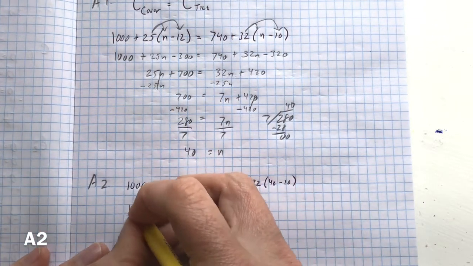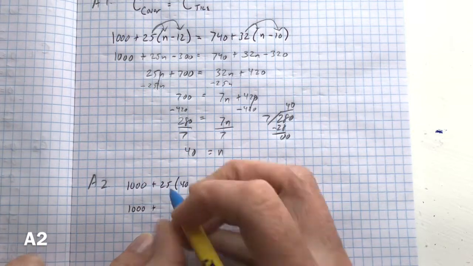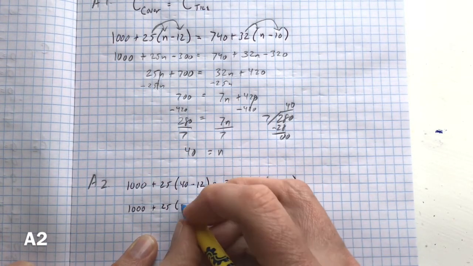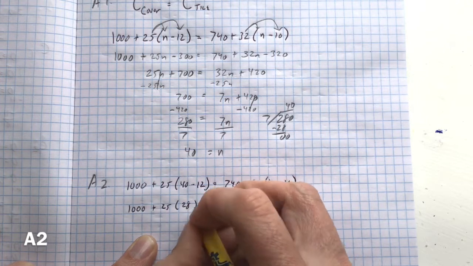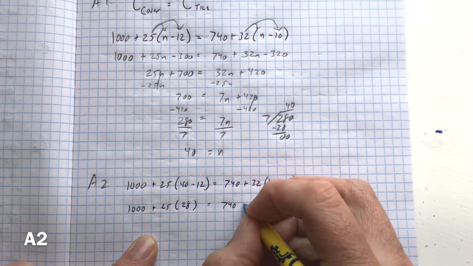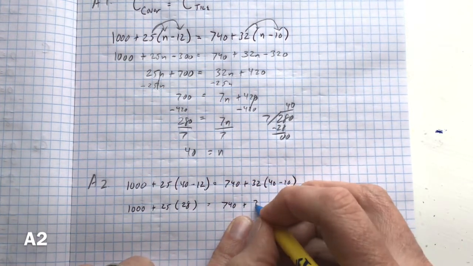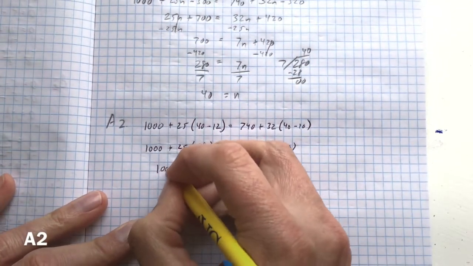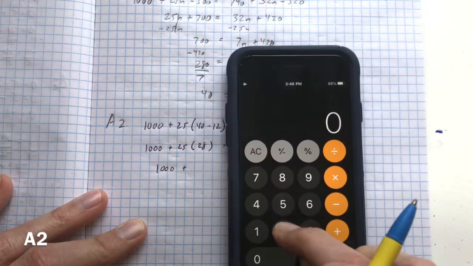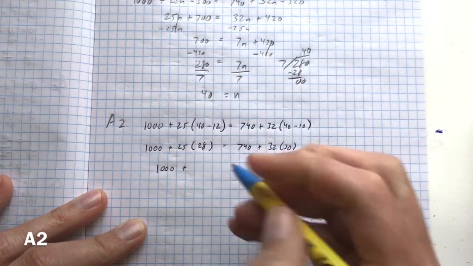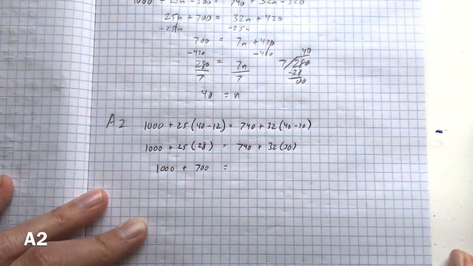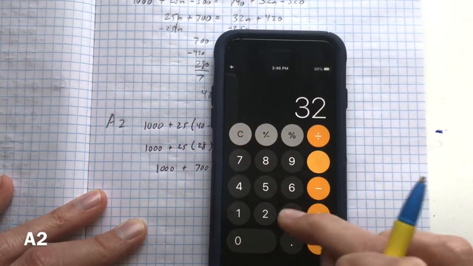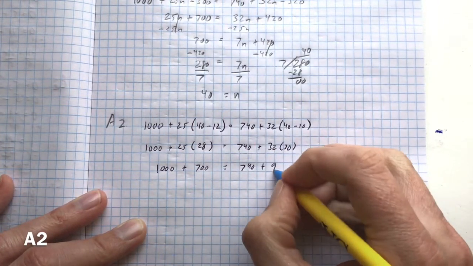What I have here is 1,000 plus 25 times 28, which is 700. It's going to be equal to 740 plus 32 times 30, which is 960.